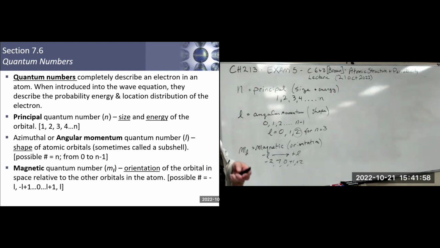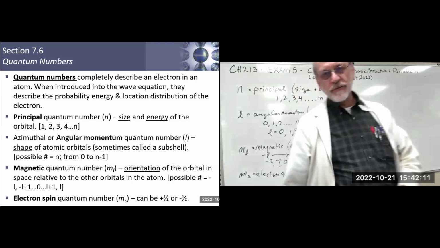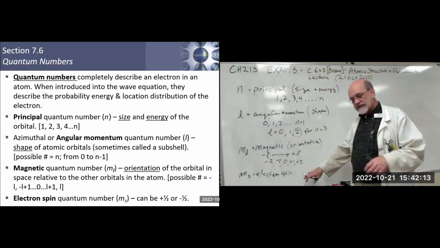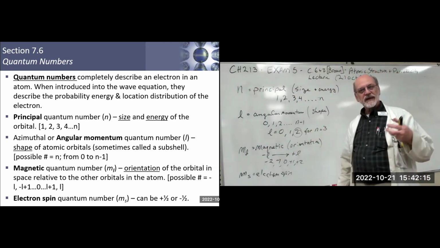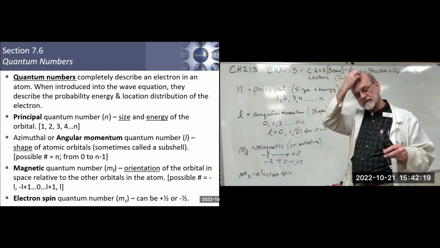And the last one's the easiest of all. M sub S, the electron spin. In order to fill the bill for this one, think of the electron as a spinning top. It can either spin clockwise or counterclockwise.